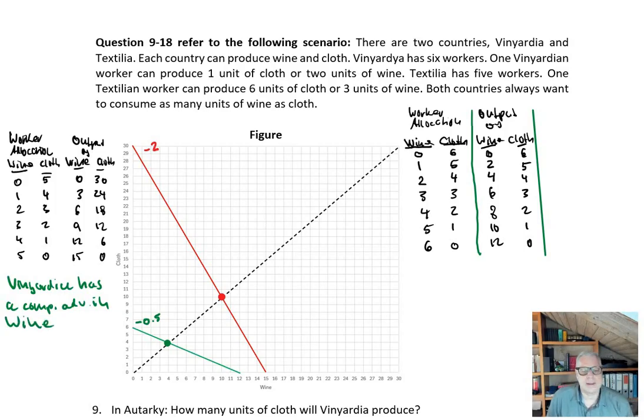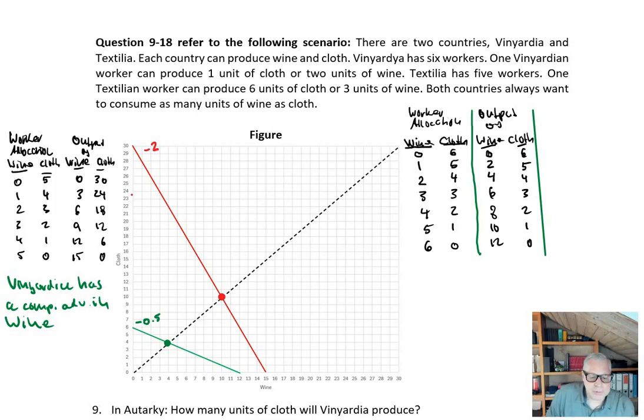Okay, so then Textilia must have a comparative advantage in cloth. So now we ask, if Textilia wants to produce 1 extra unit of cloth, how many units of wine do they need to give up? If you take here, let's say you go up 1, you see you only go half to the left.